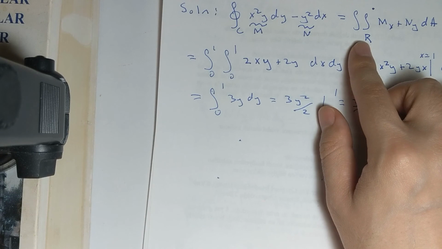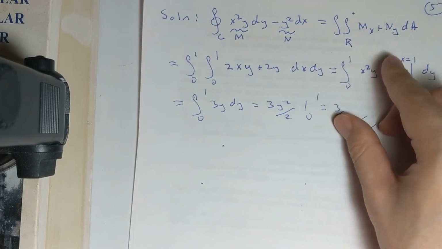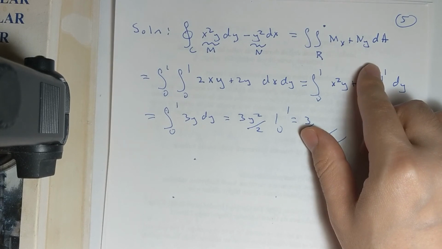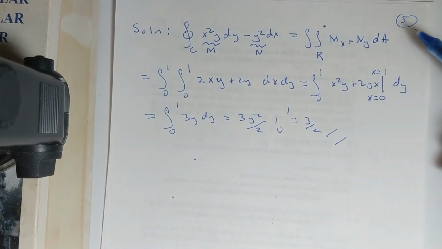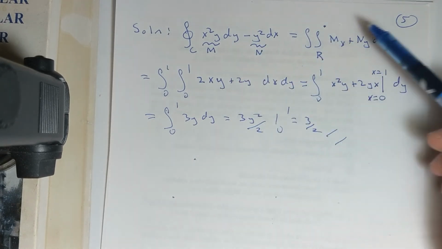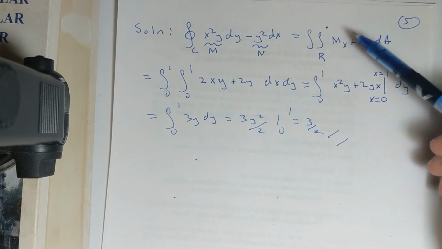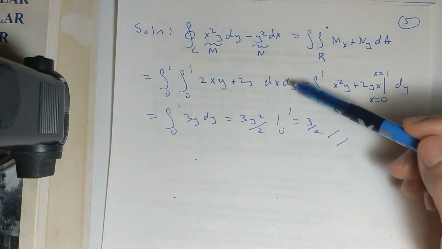Then Green's theorem stated that this would be M sub x, the derivative of M with respect to x, plus N sub y, the derivative of N with respect to y, over dA. Okay, so let's do this. M sub x would be 2xy, plus N sub y, that would be just 2y, dx dy.